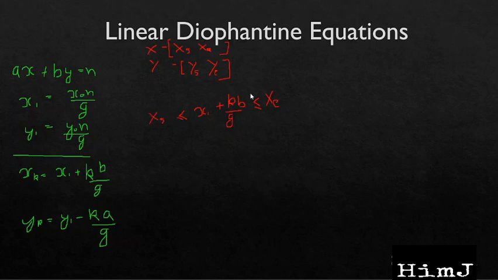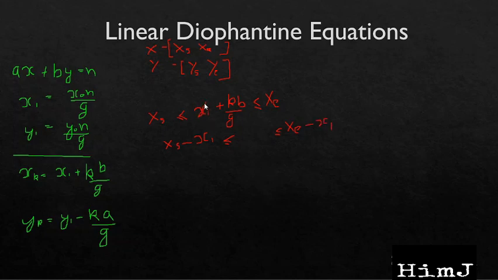So again we can find the value of k if we subtract x1 from all these sides, so we will get x start minus x1 and x end minus x1.